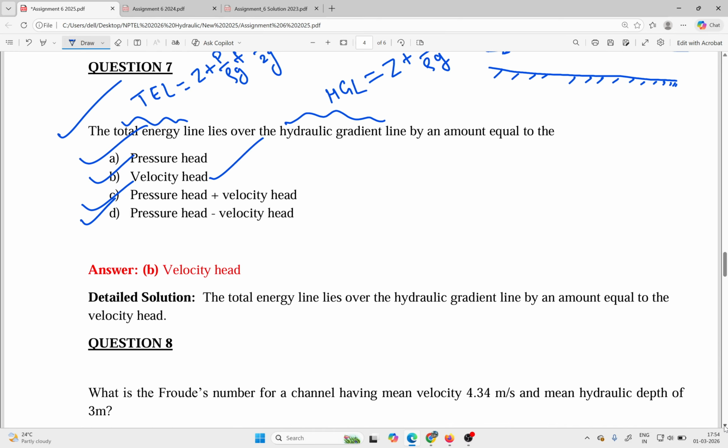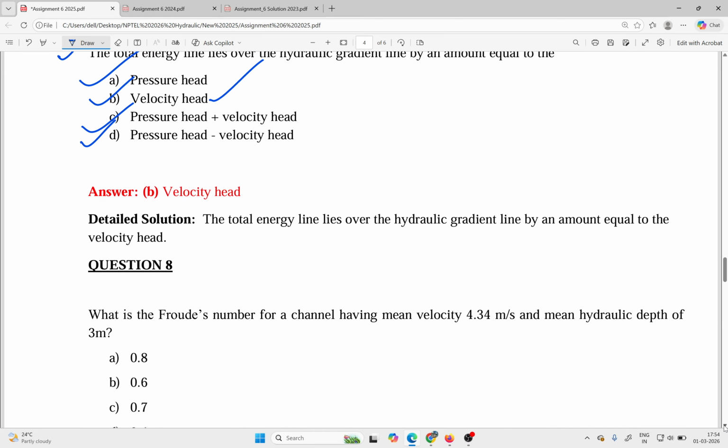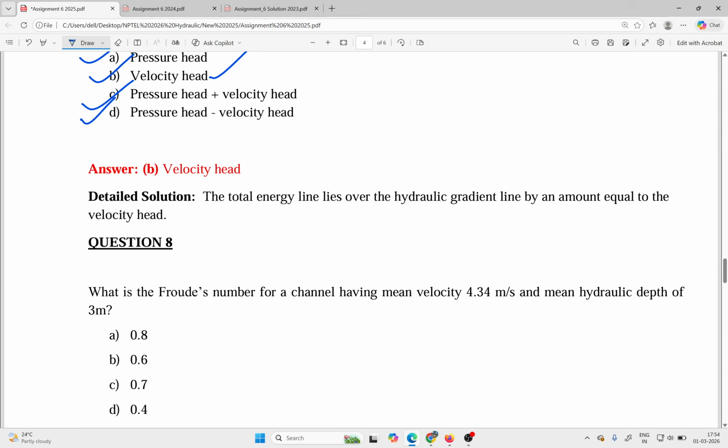Question 8. Again you have a numerical. What is Froude's number for a channel having mean velocity 4.34 meter per second and mean hydraulic depth of 3 meter? You have to calculate Fr with the given data.